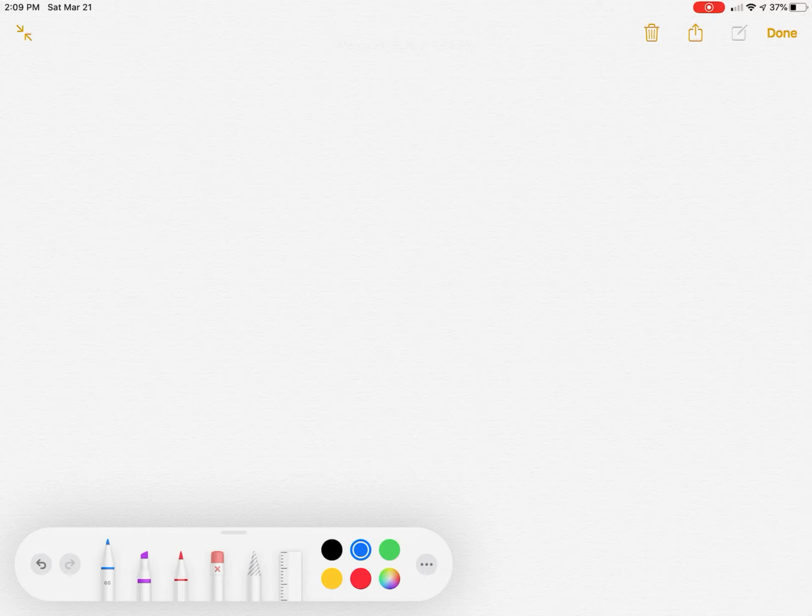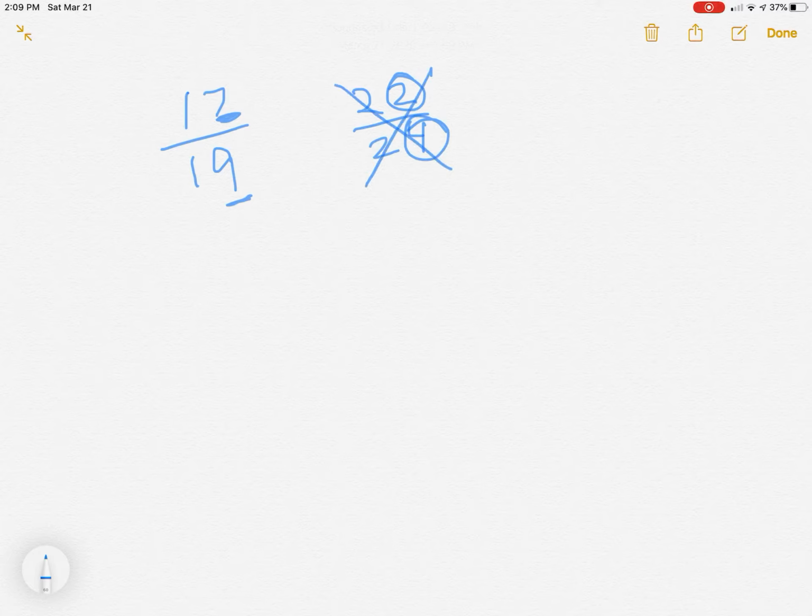It will give you a list of numbers, and you have to say if it's to the lowest terms. Something like this. Can't simplify that anymore because they're both odd numbers. 17 and 19, they're both odd. If they are like 22 and 24, those are both even. You can divide them by 2, so that is not simplified.